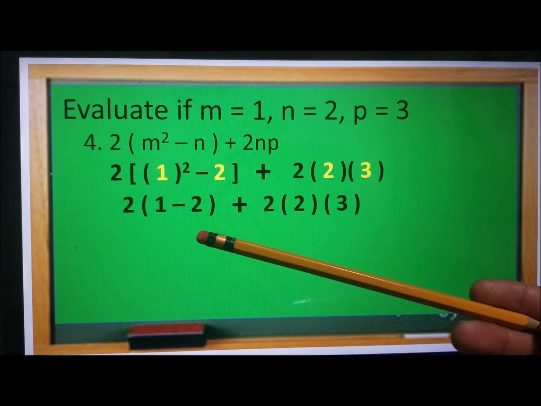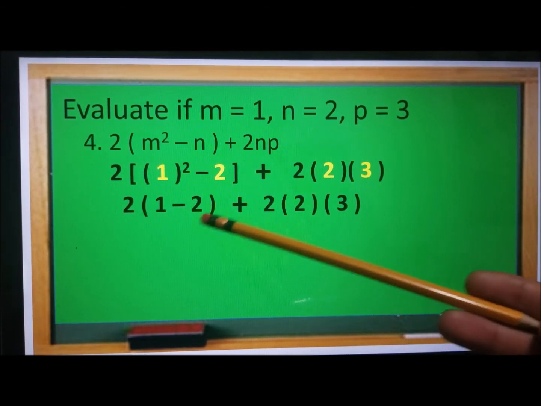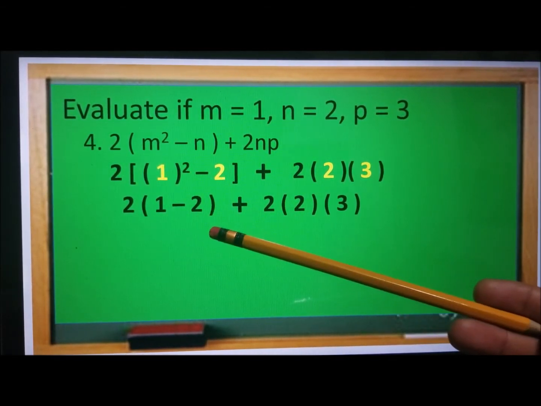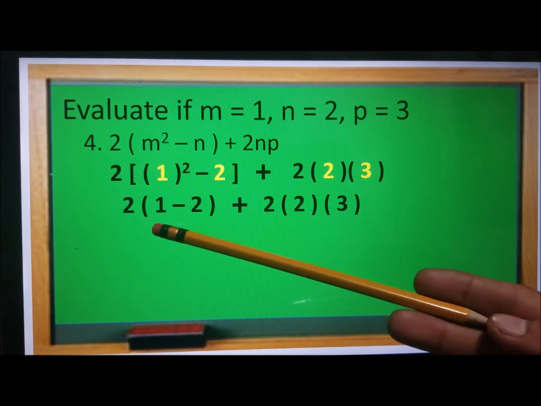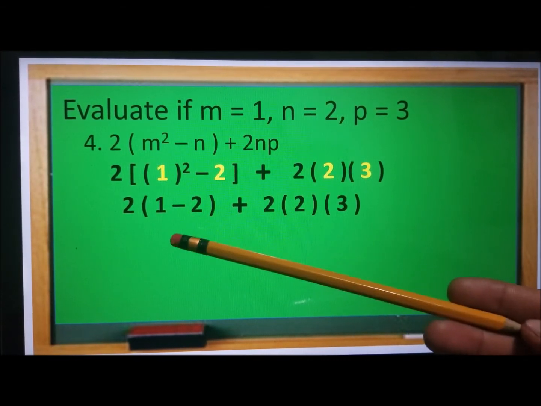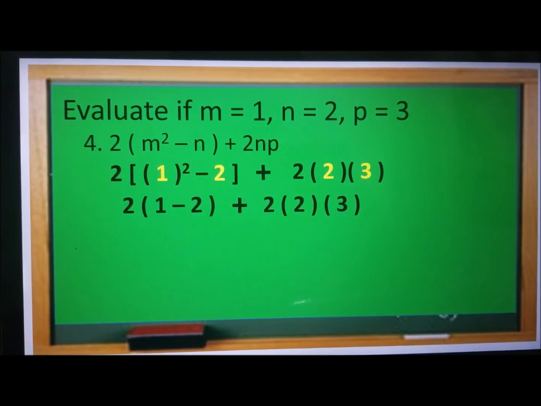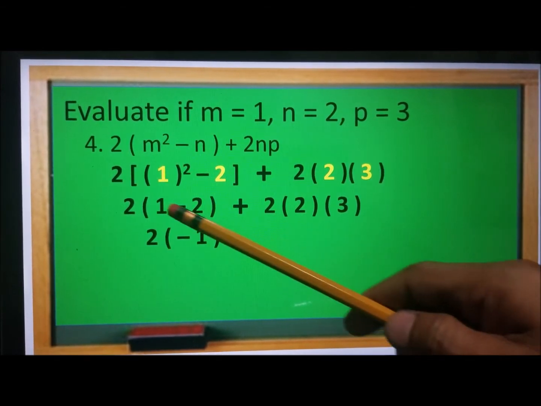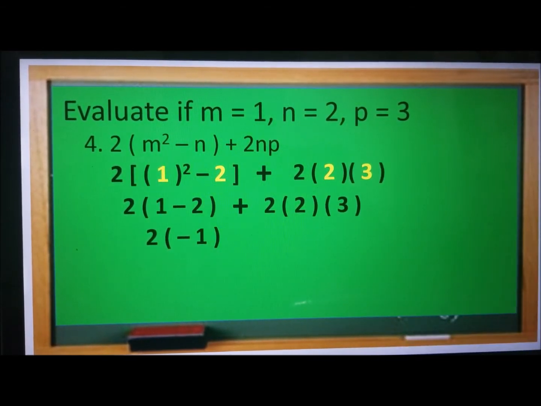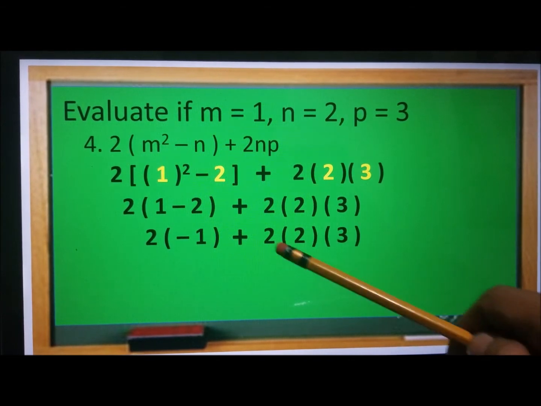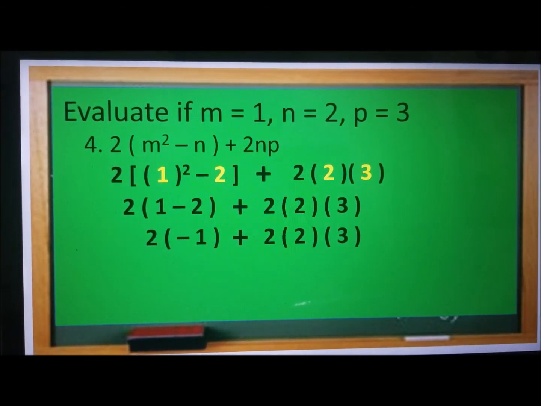Following the PEMDAS rule again, we have to evaluate first those terms inside the parentheses. So we'll have to evaluate 1 minus 2 first. That would be 2 times 1 minus 2 is negative 1, plus 2 times 2 times 3.